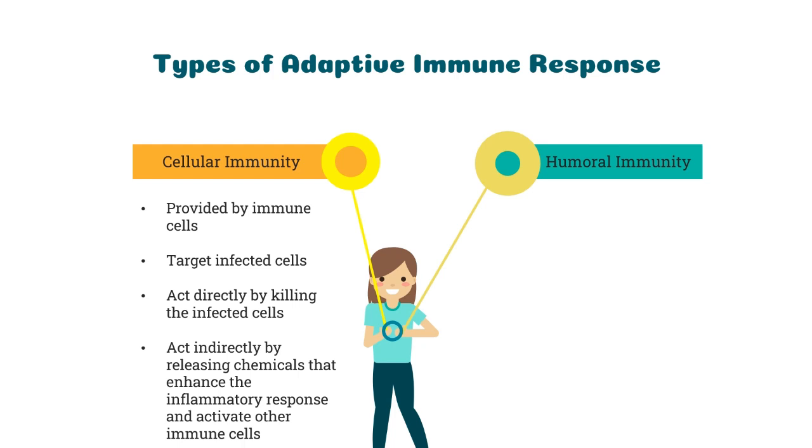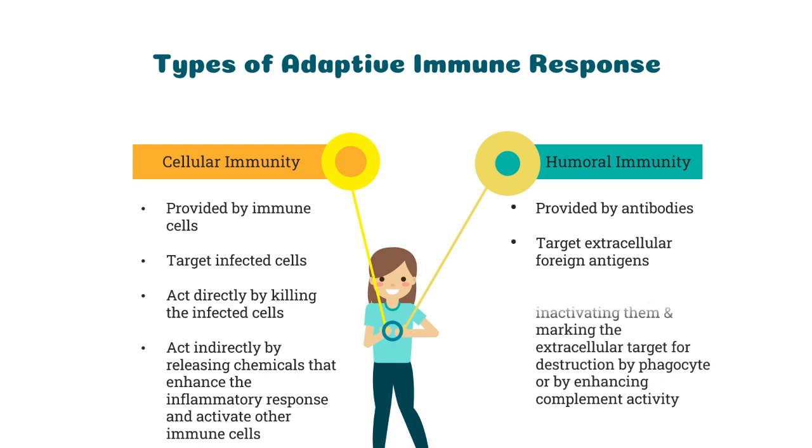While for the humoral immunity, or what's known as antibody-mediated immunity, the immunity is mainly provided by antibodies, and humoral mainly means the body's fluids, which are the blood and the lymph, and these antibodies will circulate in these body fluids, and they target extracellular antigens or molecules, which might be bacteria, bacterial toxins, or free viruses.